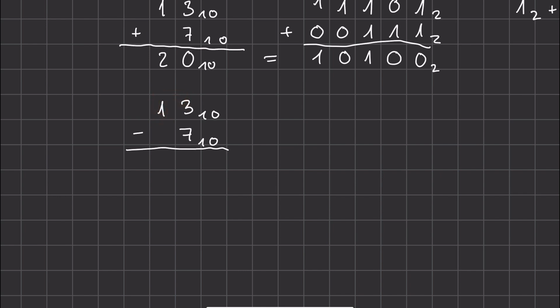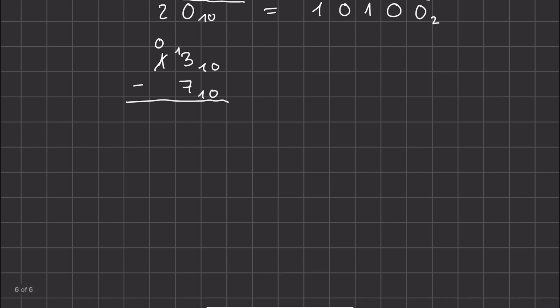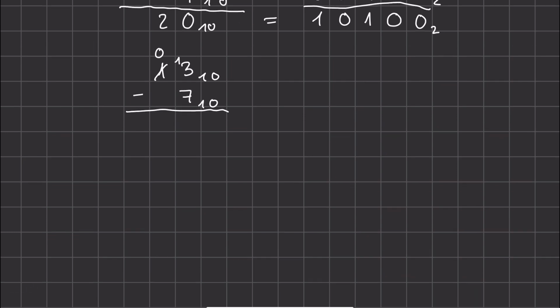So I'll write this one here, cross out this 1 and subtract 1, so we get 0, and then do 13 minus 7. Now, this might not actually help, but I assume you're familiar with decimal subtraction, so this is just to refresh how this is done more or less.